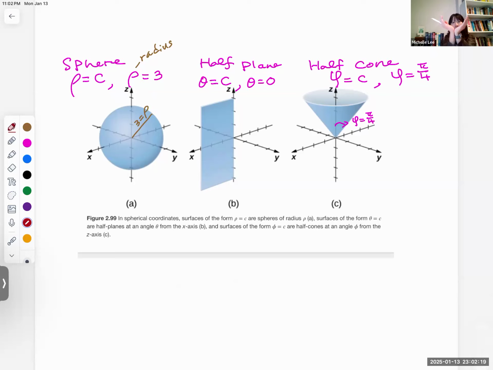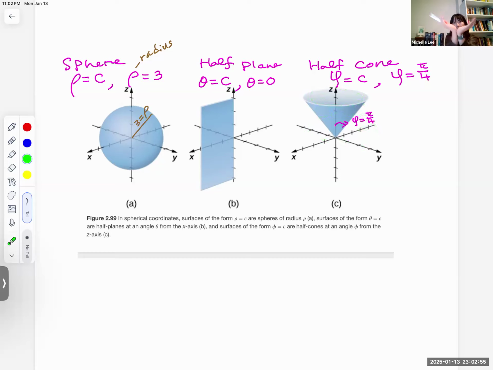So like this, and then I say that phi equal to 5 pi/6, then going to here, that will be 5 pi/2, right? And then from here to here is pi, right? So if that cone is flat, then that's a 5 pi/2, right? So like this. This one is flat here, yeah?